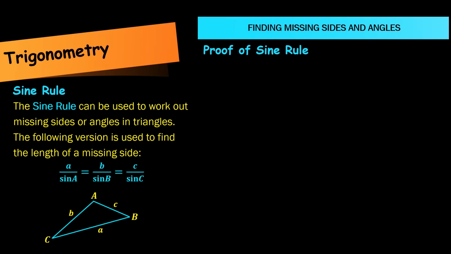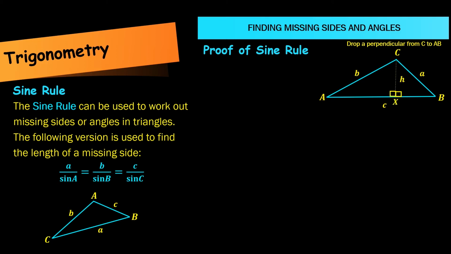Let's now prove the sine rule. Consider the version of the triangle shown on your screen. We're going to drop a perpendicular from C to AB, as shown. The length of AB is little c.